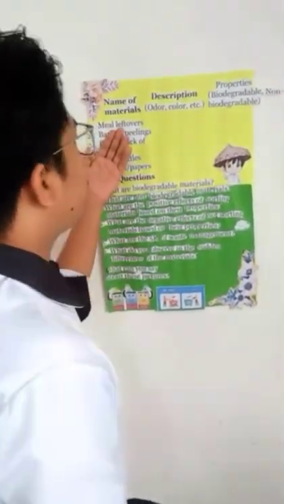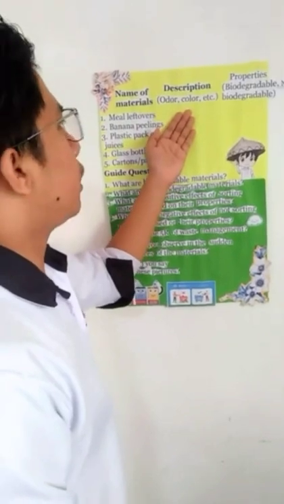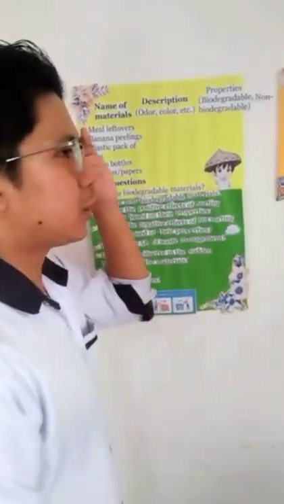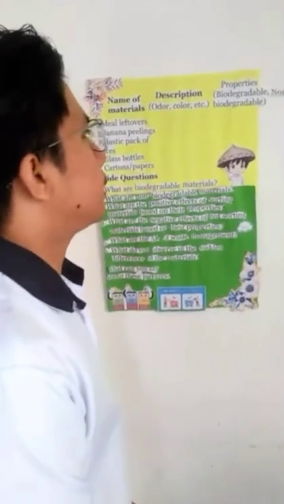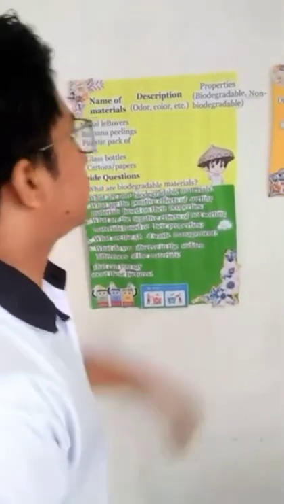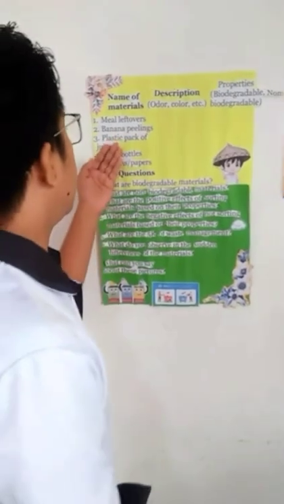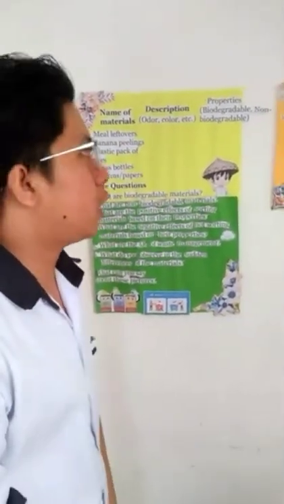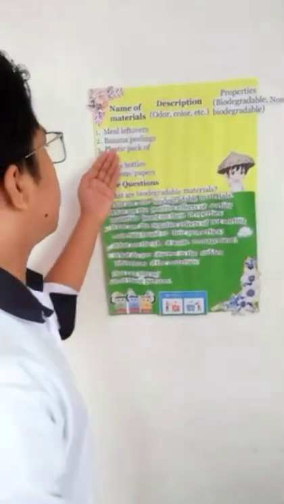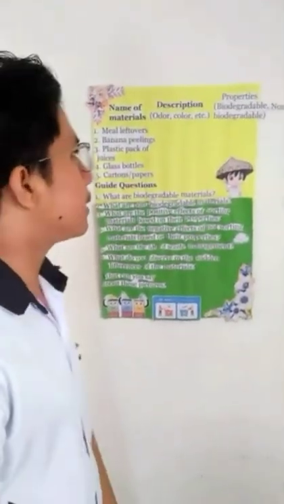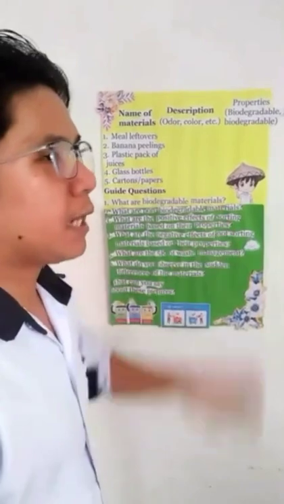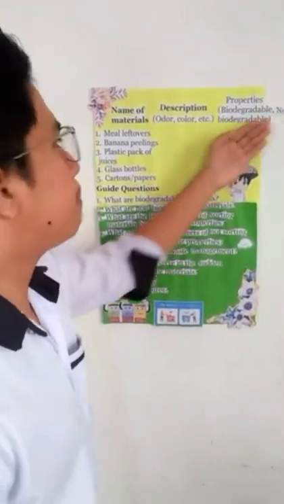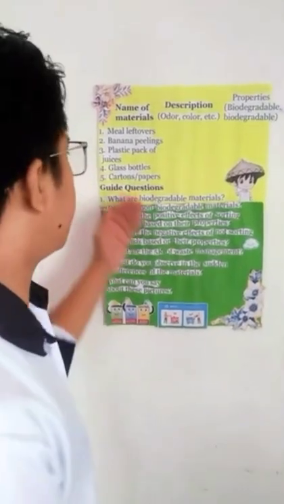Meal leftovers: changes in color and odor. It may change odor because of the passing hours. It's biodegradable. Banana peelings: changes in color, biodegradable. Plastic pack of juices: empty, non-biodegradable and recyclable.